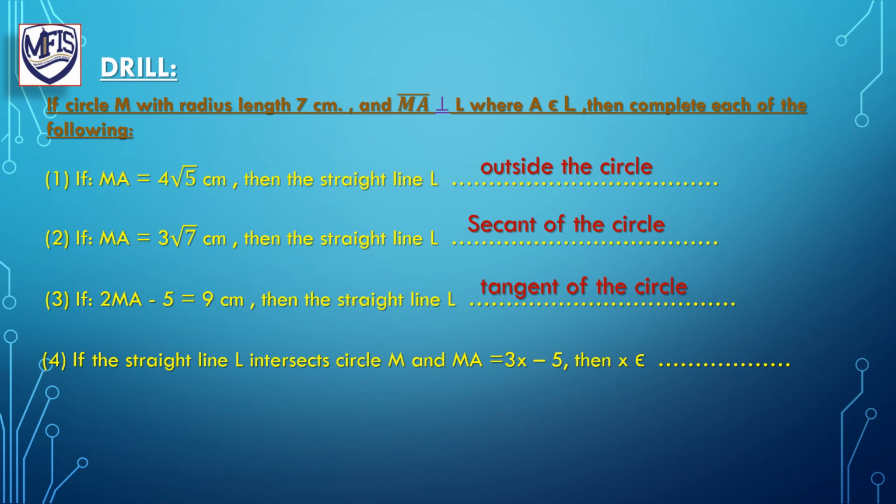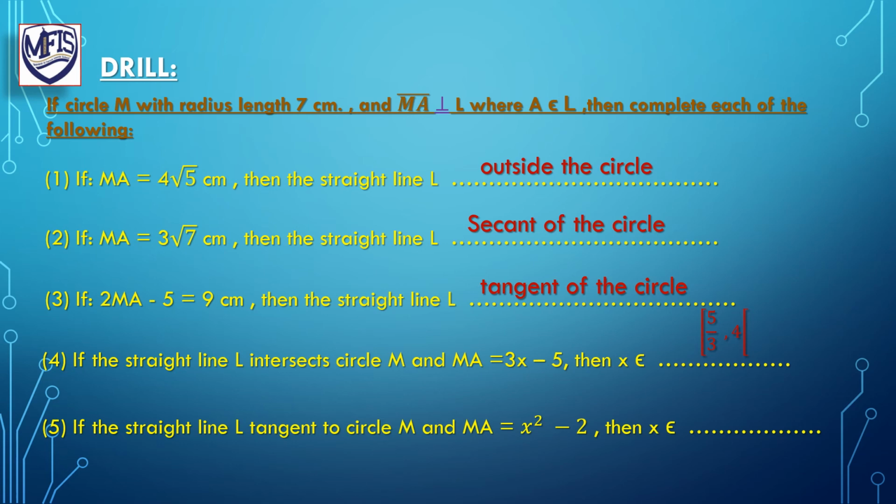So I will substitute 0 instead of MA, then I will find the value of x. The value of x here will be equal to 5 over 3. And I will substitute the value of R, 7, instead of MA, and I will find the value of x. So x belongs to interval 5 over 3 and 4.